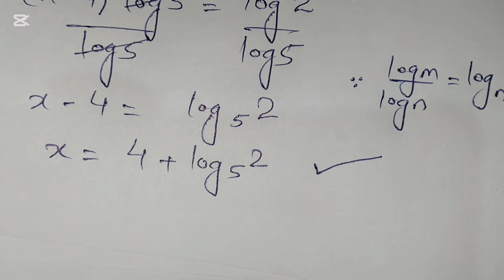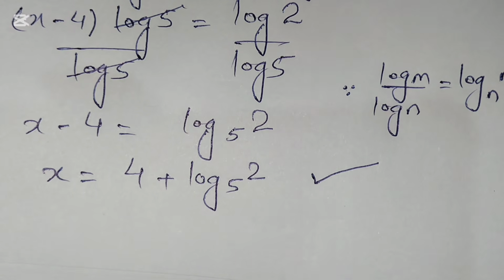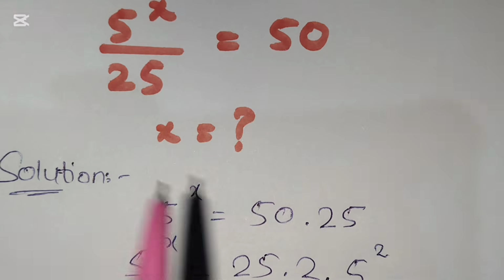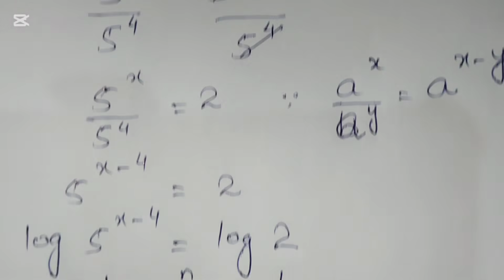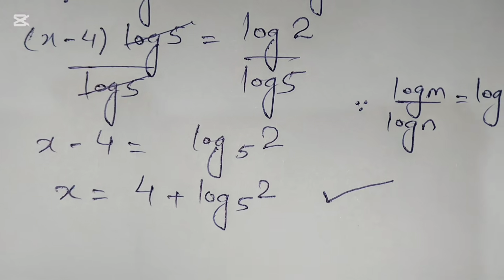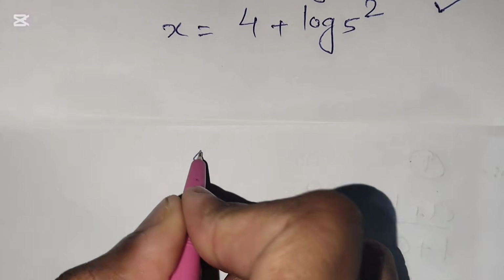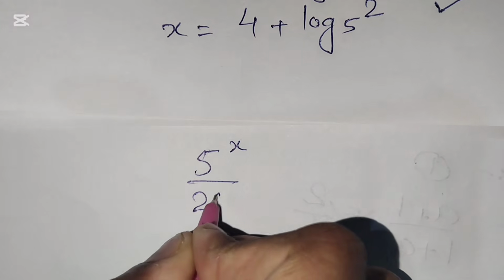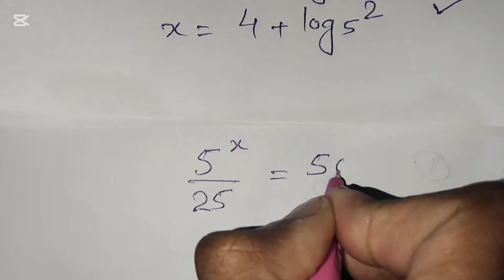But stop here. We will check this value of x by putting it back in our given question, which is 5 power x over 25 equals 50. To verify left hand side equals right hand side, we have 5 power x over 25 equals 50.